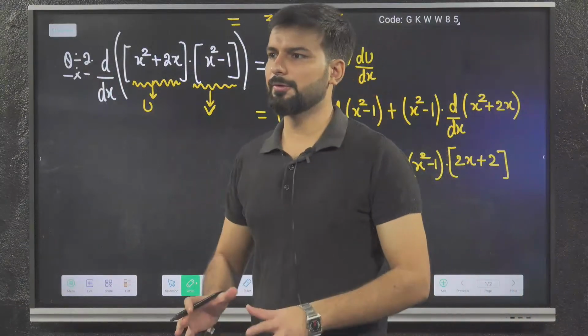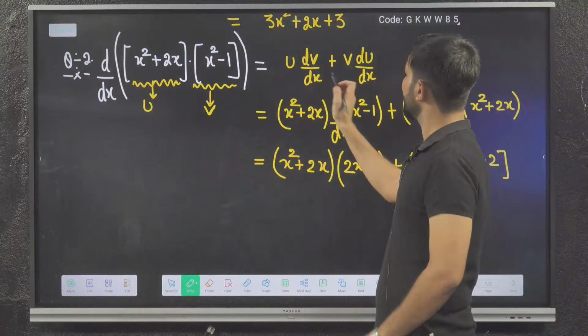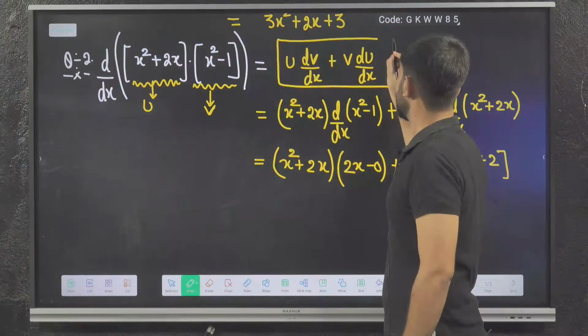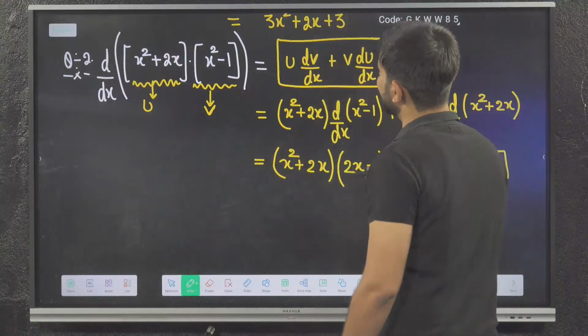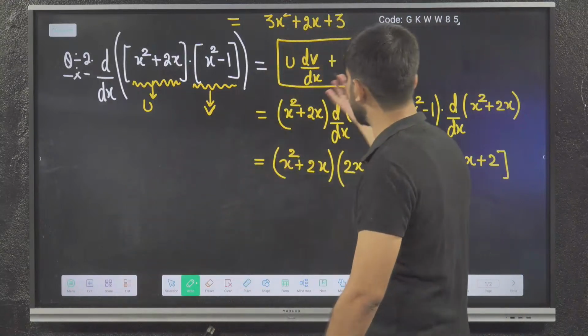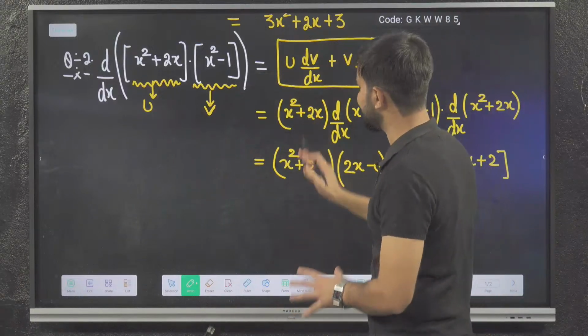This is just for practice purpose, to check whether you are understanding the multiplication, and to make you remember this formula. Why we are teaching this is because this formula sometimes gets utilized. It doesn't mean that every time these kinds of problems will come. These problems are just to practice the formula. I hope you understand the formula.